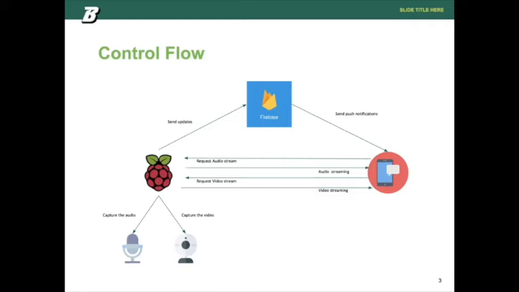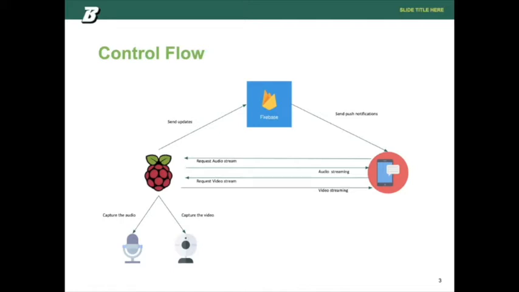So the control flow goes like this. Once we capture the audio from the microphone, we process it, and every 5 seconds the audio is passed through the cry detection algorithm.